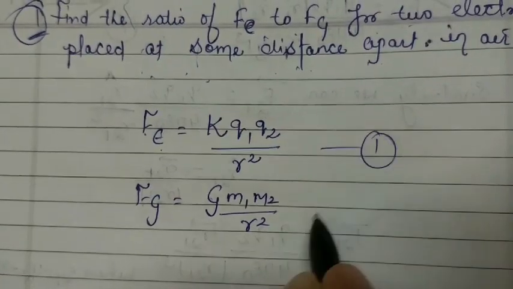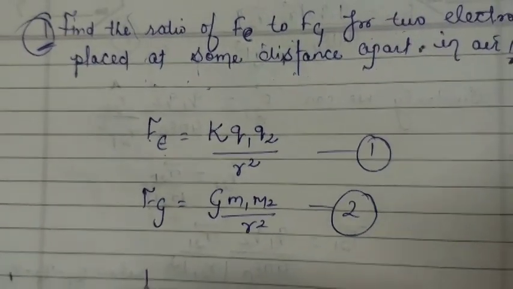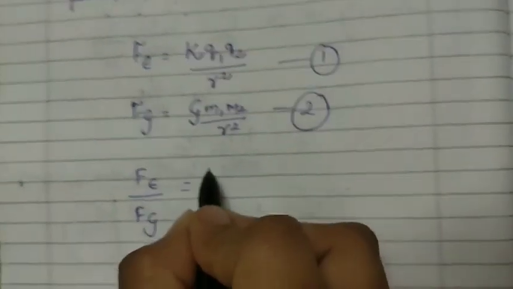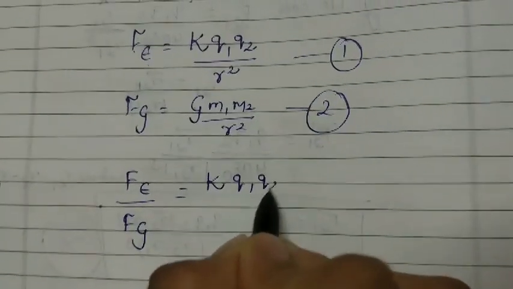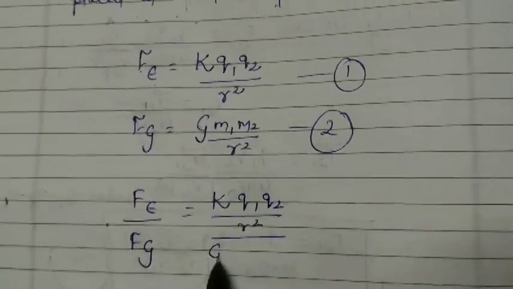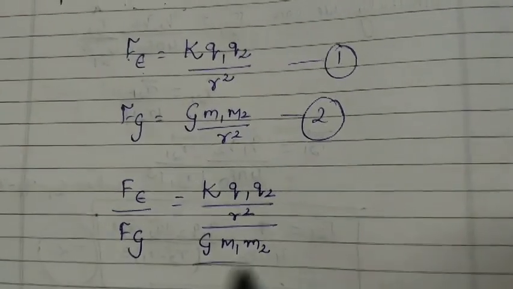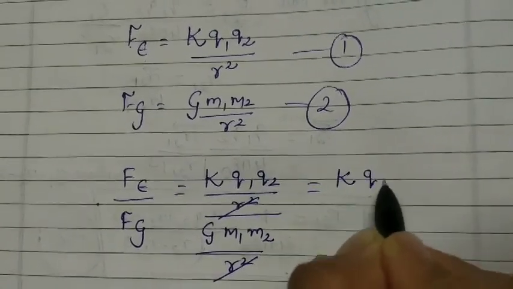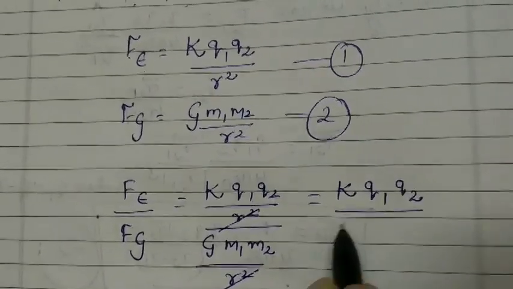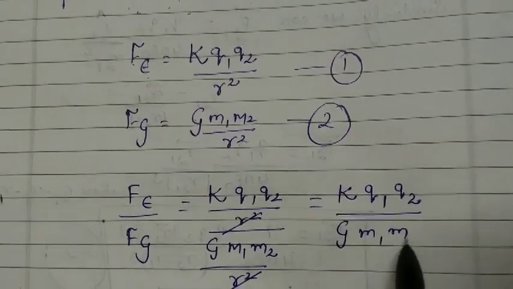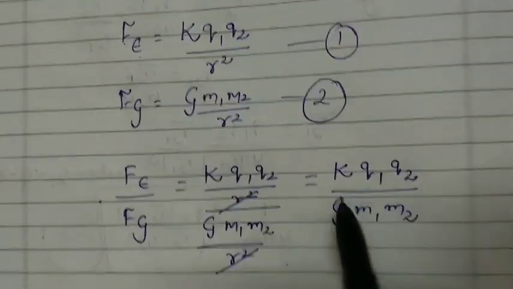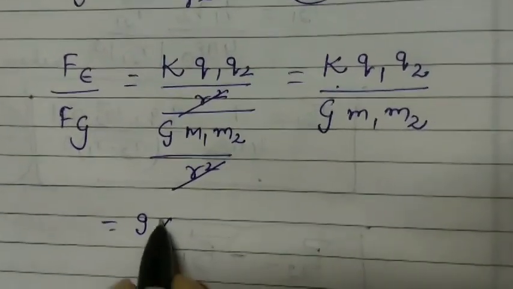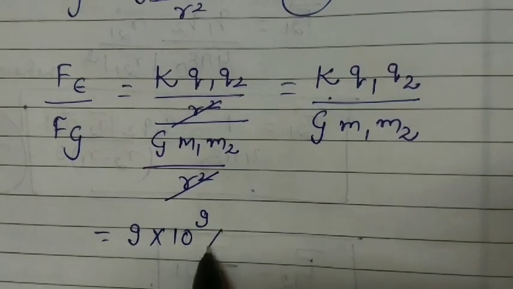Firstly, we will divide these two equations. F electrostatic to F gravitational is K Q1 Q2 over R square and G M1 M2 over R square. Now the formula becomes K Q1 Q2 upon G M1 M2. As we know, K is a dielectric constant whose value is 9 into 10 raised to power 9.